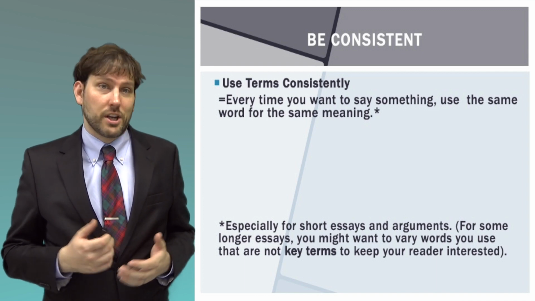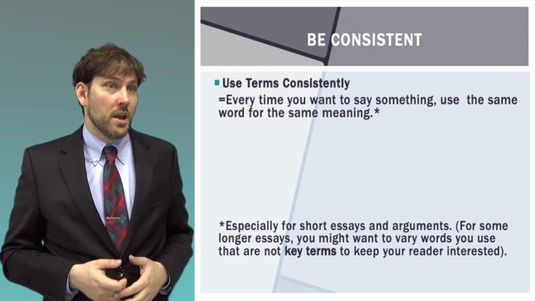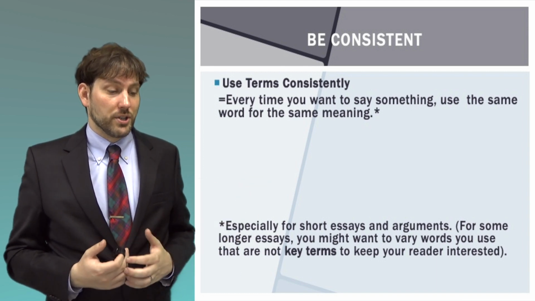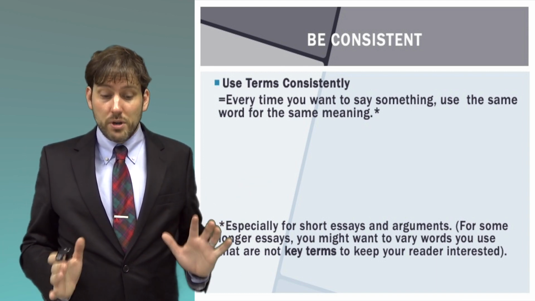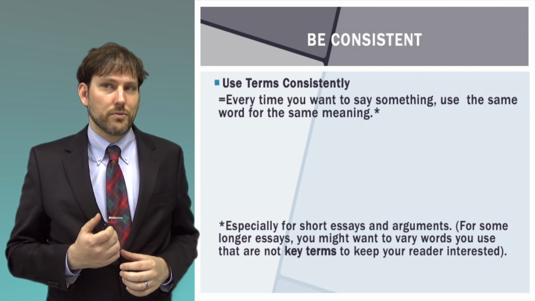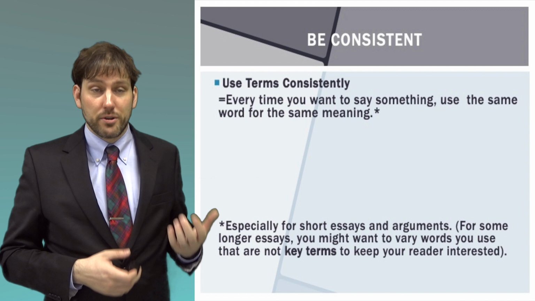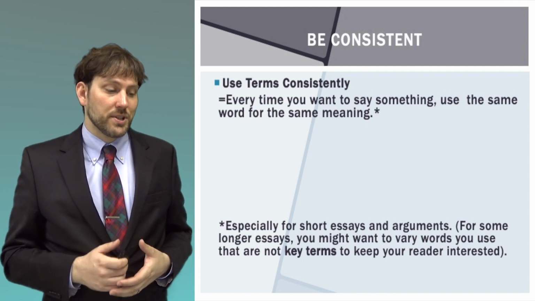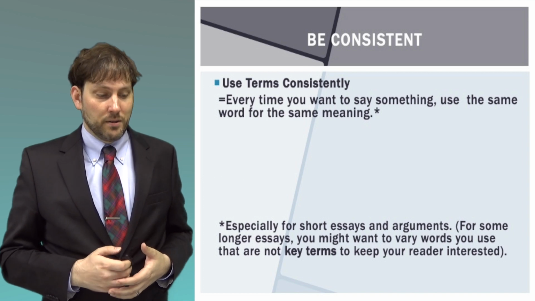So some English language learners and some native speakers learn that it's a good idea to demonstrate that you can vary the words that you are using. This is true in general, but this is not true in the core of your argument. So words that are not important to your argument, you can change those up. Words that are key terms in your argument, keep using the same term for the same meaning.